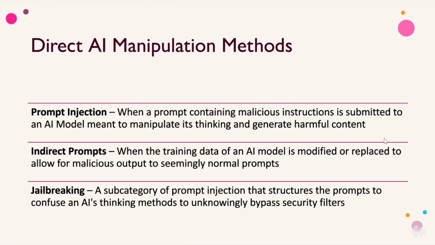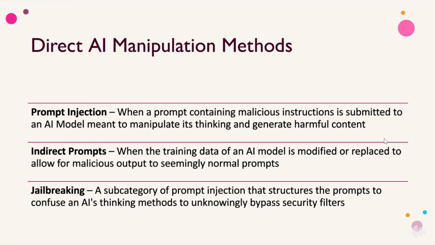There are several different types of ways that attackers can do direct AI manipulation. By far, the most popular method is prompt injection. This is when a prompt is submitted to an AI model that contains malicious instructions that is meant to manipulate an AI's thinking, bypass its filters, and thus generate the harmful content without the AI realizing that it breaks the terms of service.